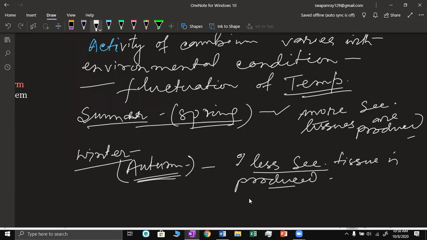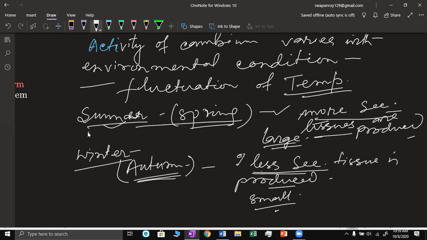At the same time the component cells are also very small. Here in the summer, more is produced and the cells are also very large in size.